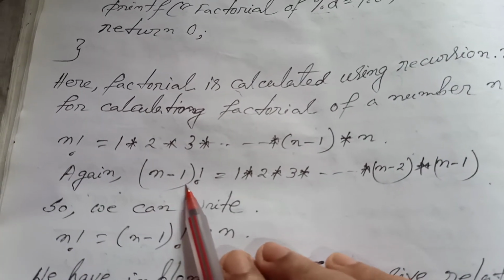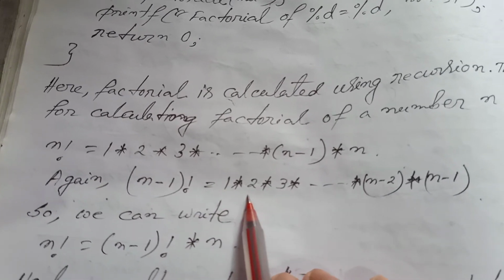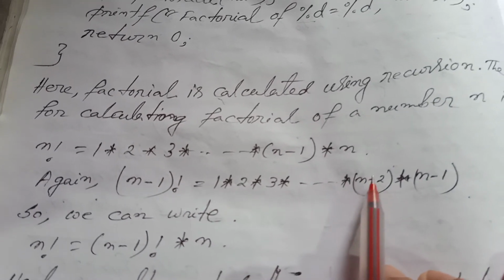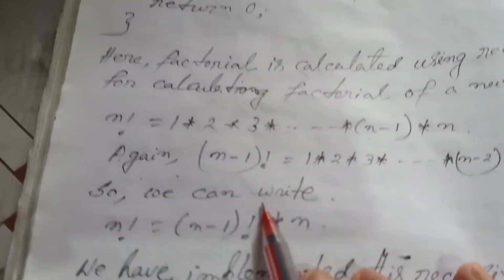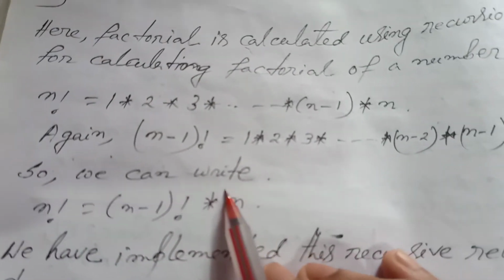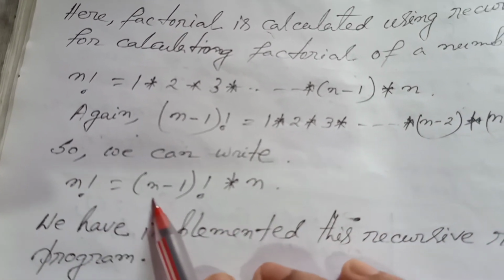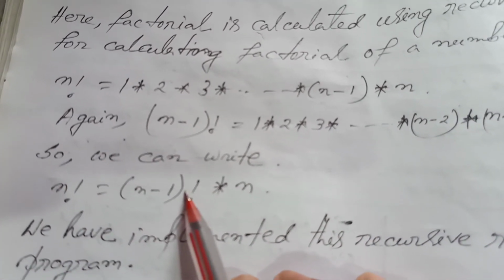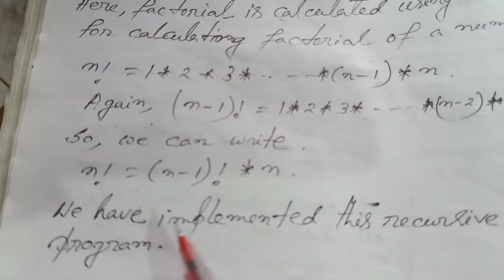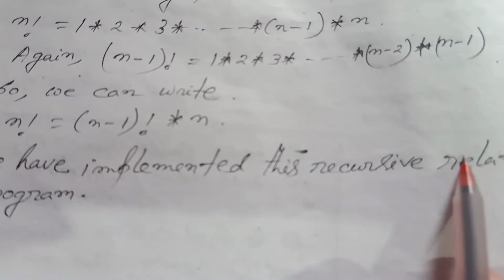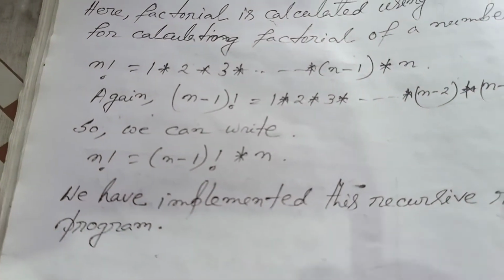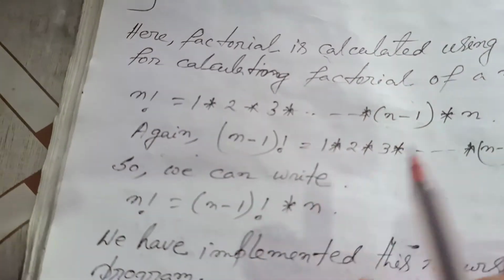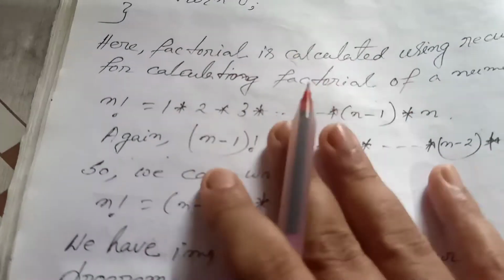Again, n minus 1 factorial is 1 into 2 into 3 up to n minus 2 into n minus 1. So we can write factorial of n equal to factorial of n minus 1 into n. We have implemented this recursive relation into our program.